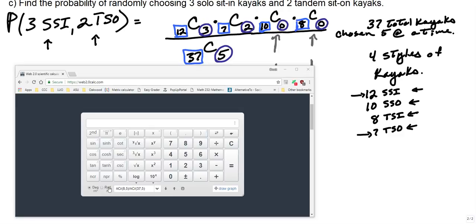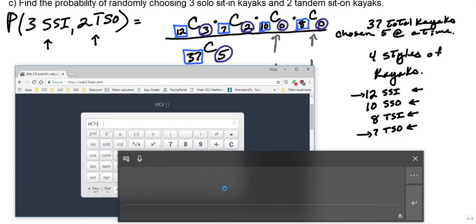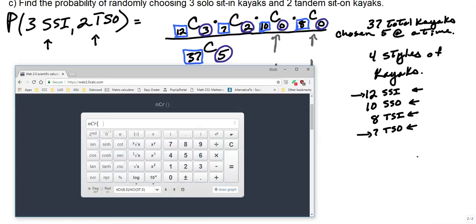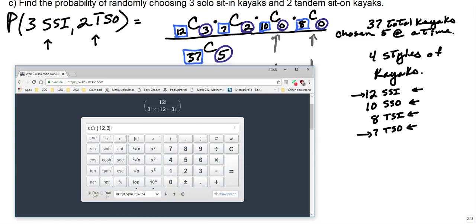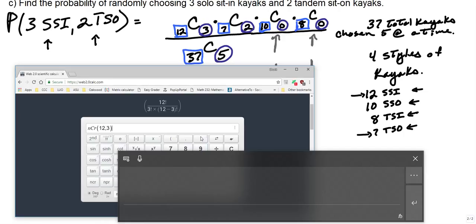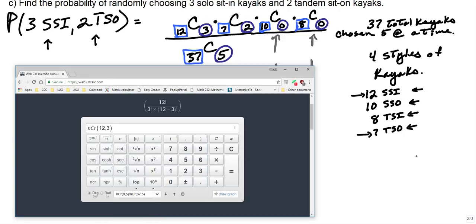We'll start with the first term, which is going to be 12 comma 3 here. We're going to multiply that by the next one, which will be 7 comma 2.